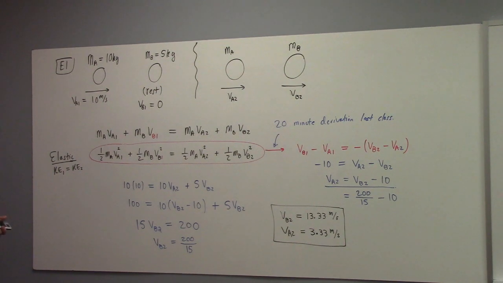In other words, I can ask this question: you've got a 10 kilogram mass going 10 meters per second, and a 5 kilogram mass sitting there minding its own business. They collide elastically in one dimension. What's the velocity of the two masses after the collision? That is a reasonable question. I wouldn't say it's an easy question, but it's reasonable.